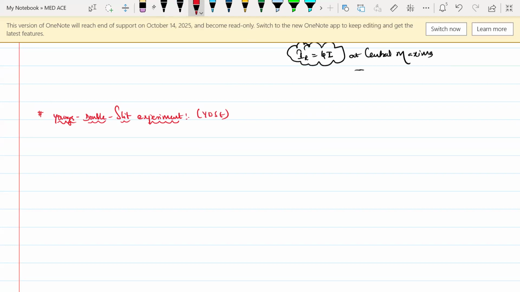This is an experiment used for proving the wave nature of light, whether the light is of a wave or a particle nature. This basic phenomenon is being used for that. It is very, very important for the NEET examination. One of the very important areas in wave optics is YDSE. It proves the wave nature of light.